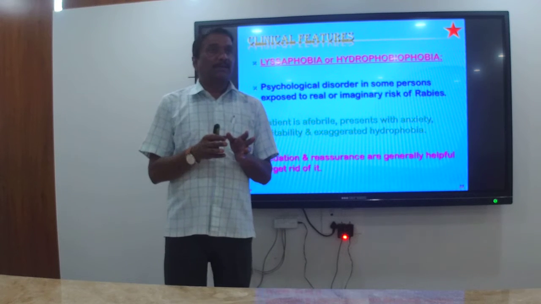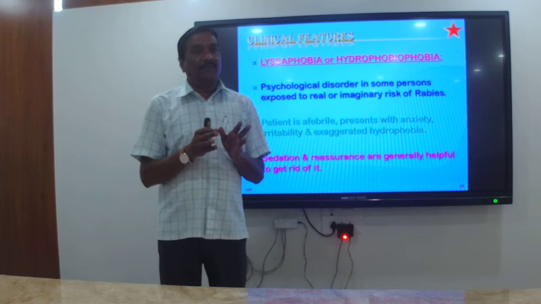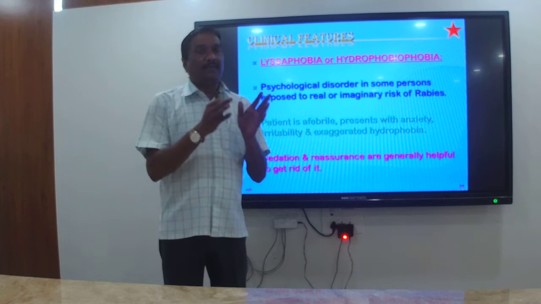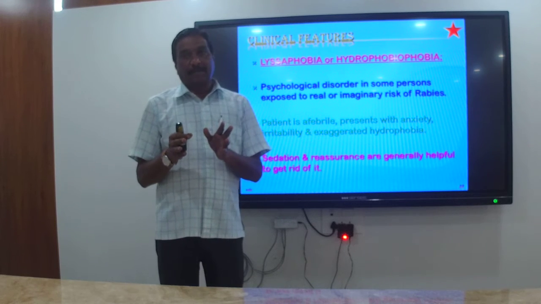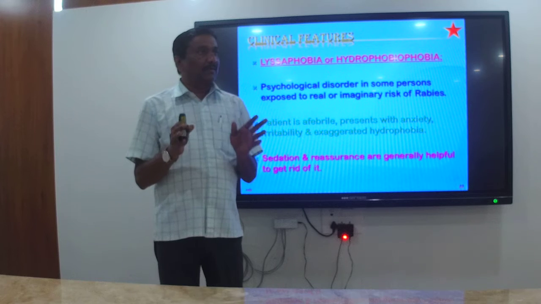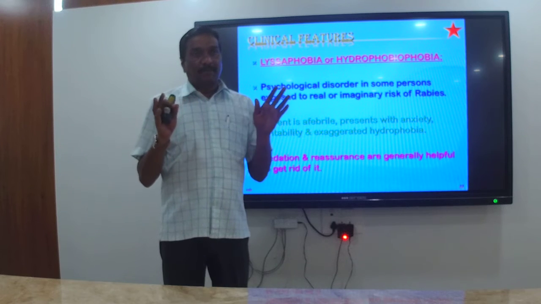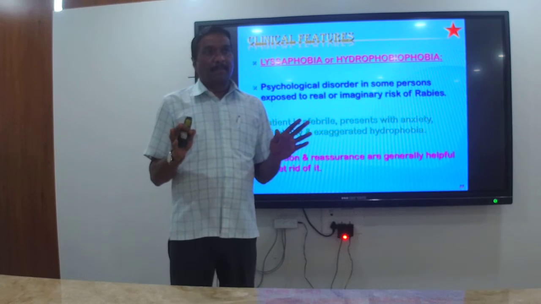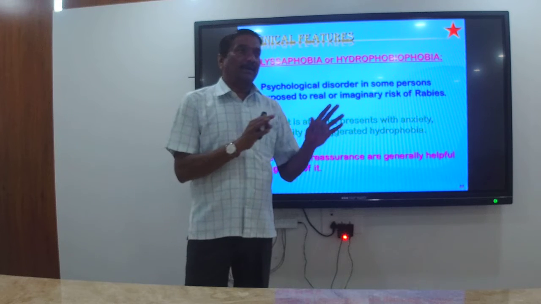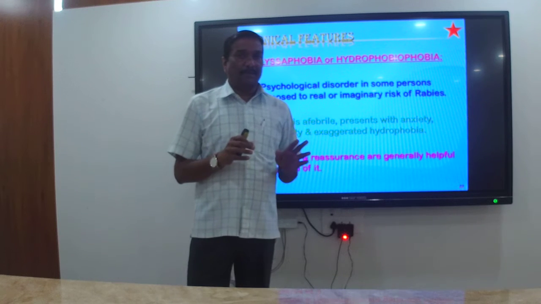Reassure the person that you have not been bitten by any organism, any virus, or the patient. You are completely normal, you don't have any features of rabies. In this way, we can take care of such a patient.